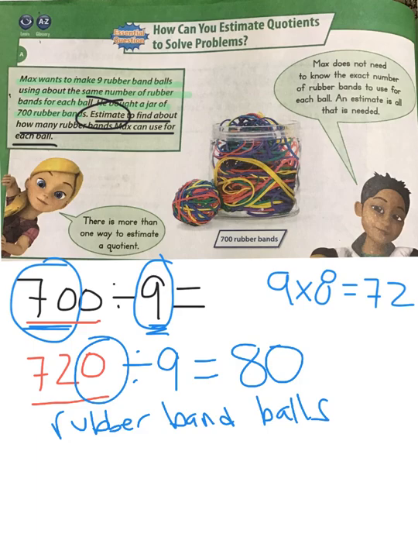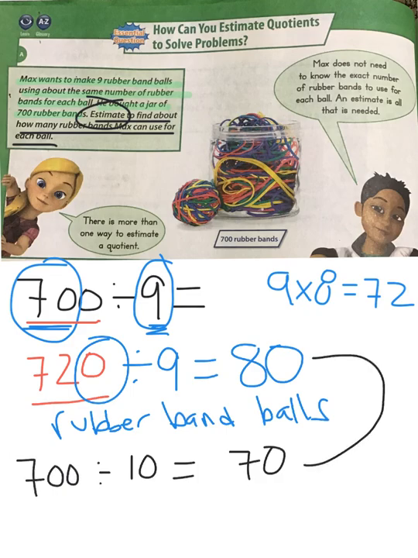I could also use rounding to estimate. In that case, for this problem, I would use 700 and divide it by 10 because I would round 9 to 10. So I would get approximately 70 rubber band balls. I know the answer is going to be somewhere between 80 and 70 rubber band balls.